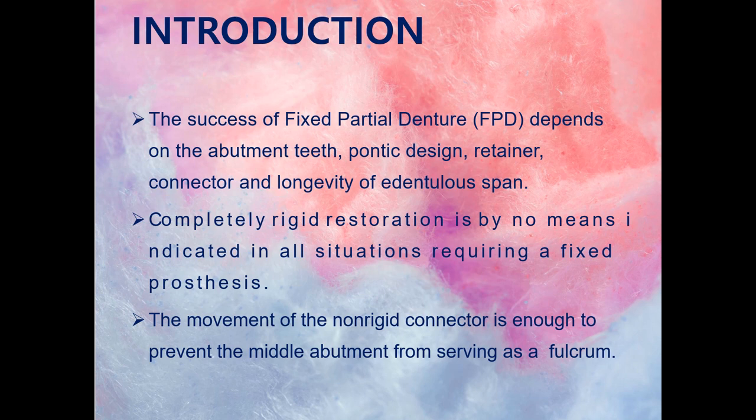In certain scenarios, rigid restoration is contraindicated, like the case of a pier abutment. In such cases, we have to opt for a non-rigid connector. This non-rigid connector acts as a stress breaker between the retainer and pontic, and also it diminishes the forces. So the non-rigid connector is enough to prevent the transfer of stress from the segment being loaded to the rest of the FPD.